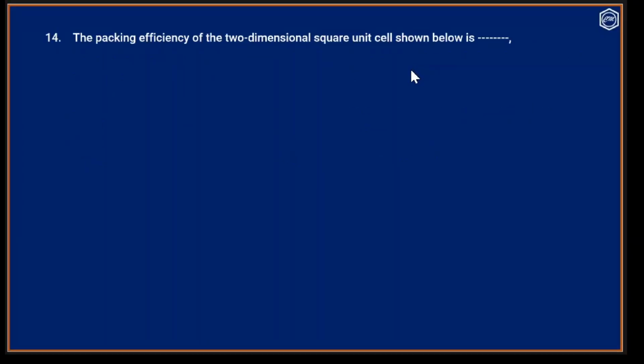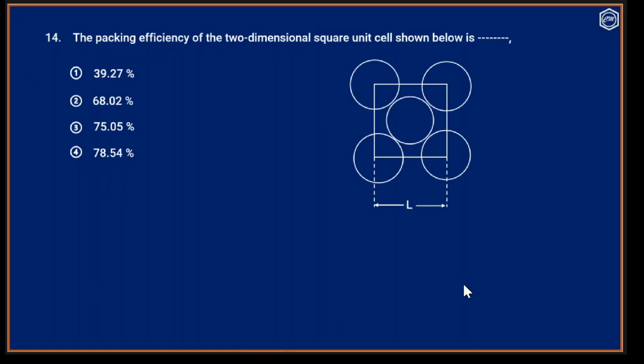The packing efficiency of the two-dimensional square unit cell shown below is: option 1 39.27, option 2 68, option 3 75.05, option 4 78.54. And this is the square unit cell given. The edge length is L and it is a face-centered one, and this is the face diagonal.